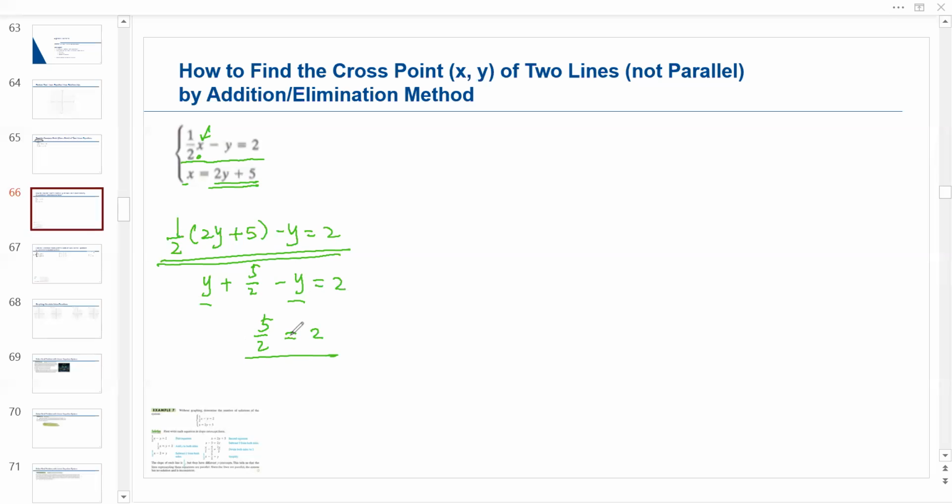Definitely not, right? So it means something is wrong in front. We didn't judge whether these two lines are parallel to each other, overlap, or cross. So something is wrong here. Let's go back and check what's going on.